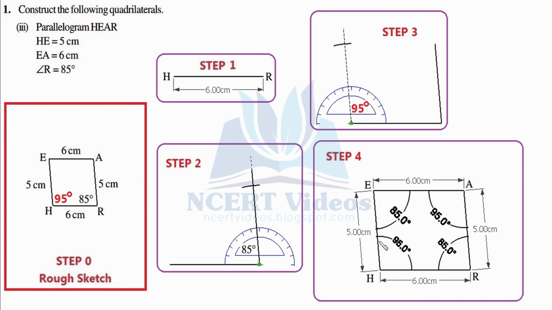It may not be the case with you, because with practice, you will always try to construct correct figures in your rough sketch itself. With this, we have successfully constructed the third part, that is parallelogram HEAR of chapter 4th, exercise 4.3, mathematics class 8th, chapter name practical geometry.